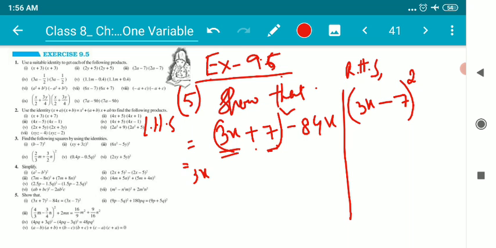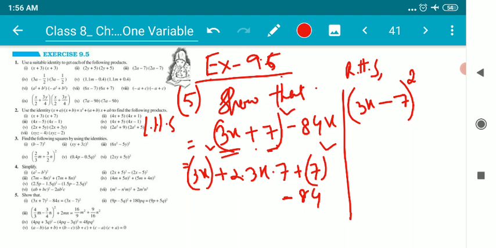A square means 3x whole square, plus 2 into a means 3x, b means 7, 2ab, plus b square means 7 square, and minus 84x as it is. Now 3x whole square means 9x square, because the square is applied on 3 as well as on x.